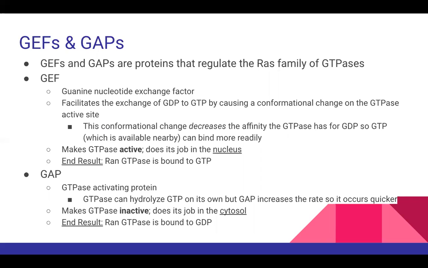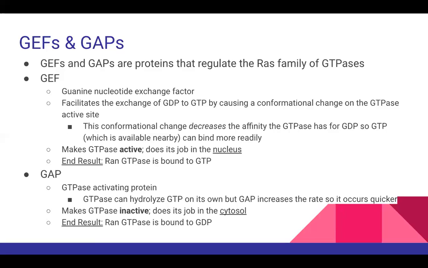To understand GEFs and GAPs, I think it's most helpful to look at the names of the proteins. GEF is guanine nucleotide exchange factor, and it does pretty much what the name describes. It facilitates the exchange of GDP for GTP. You can think of it as kind of like a shovel. It removes the GDP from the binding pocket.